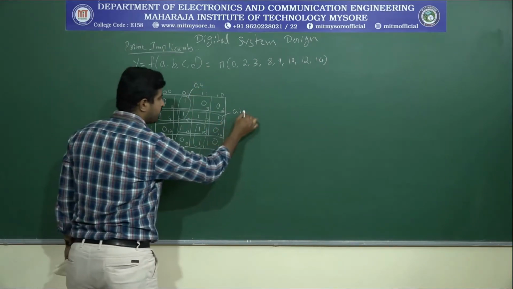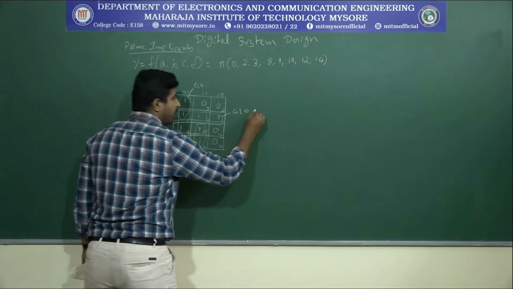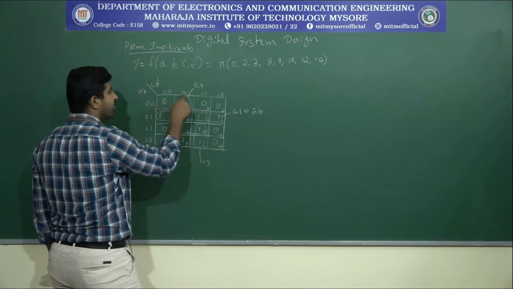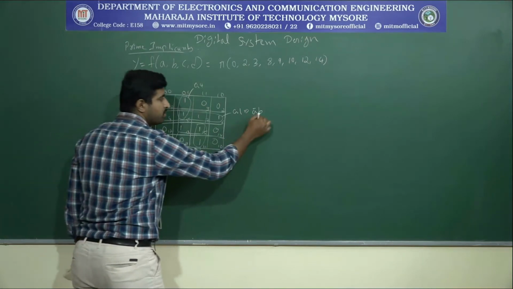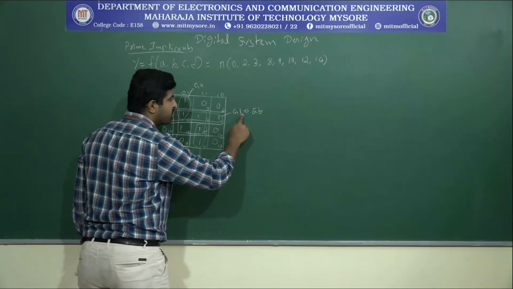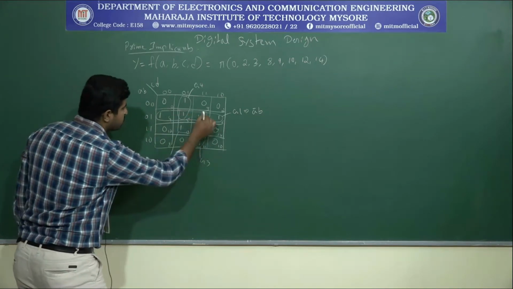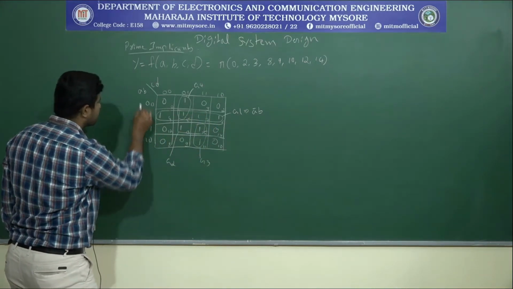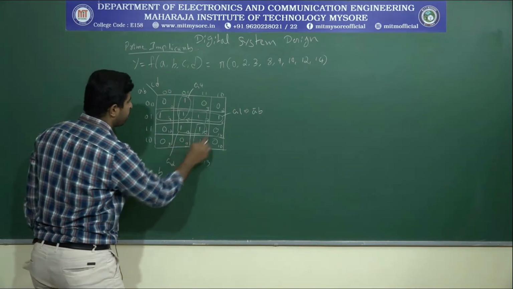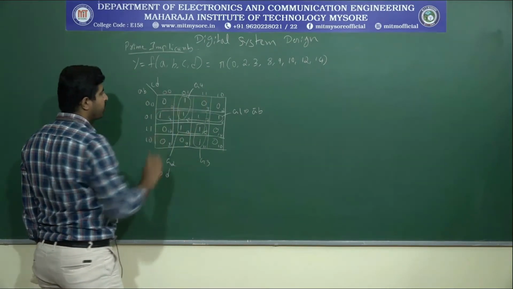So what are the min term expressions? For group 1, this corresponds to A bar B with respect to CD. All the terms have a changeover, so C and D will be dropped in this expression. So the expression for the G1 group will be A bar B. Next for G2, A has a changeover, so we keep B. For C and D, D will be there because C has a changeover.